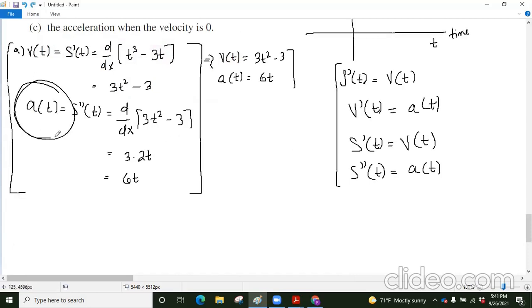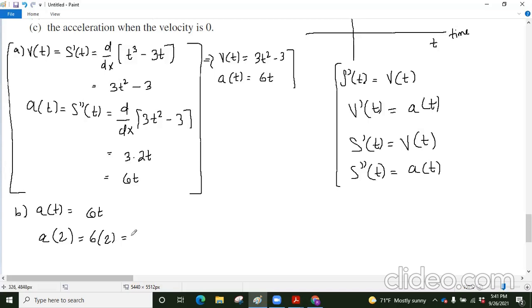Well, we have a function that allows us to input time, and once we input time, we can get the acceleration at any given moment, because this is the acceleration function. So part B: a of t is equal to 6t. If I do a of 2 seconds, then I get 6 times 2, which is 12 meters per second squared. That's part B.